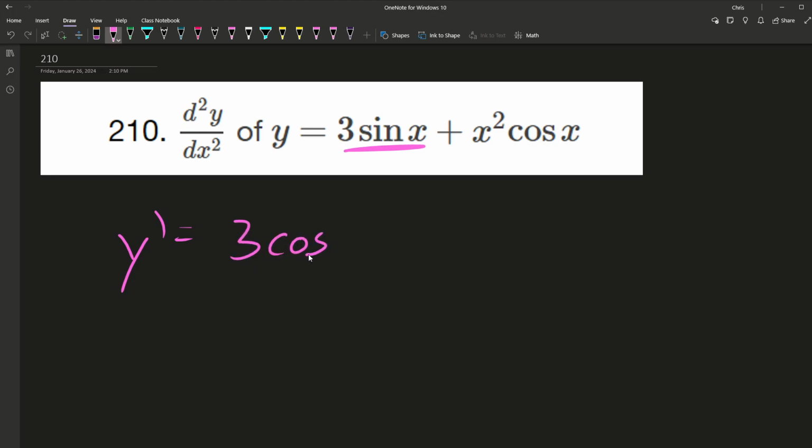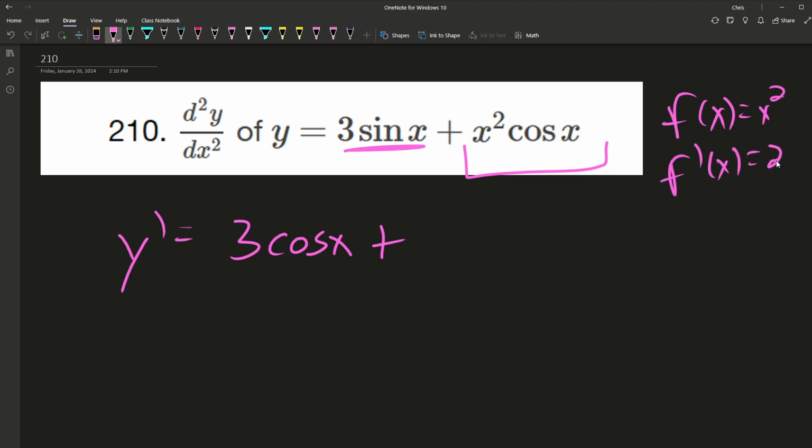That's just 3 cosine of x, plus, with this next part, we need to apply the product rule. It might be helpful for us to break this down like f of x is x squared, so f prime of x is 2x. This means that g of x is cosine of x, so g prime of x will be negative sine of x.